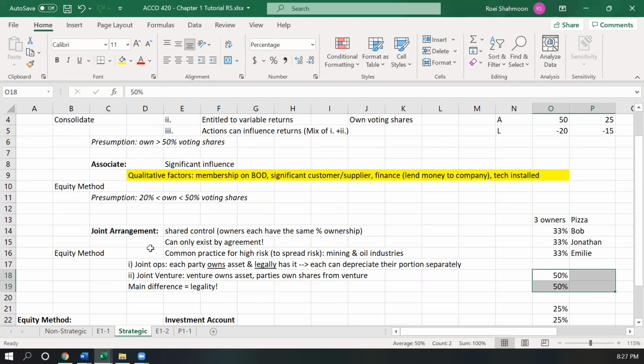Now, why would anybody do this? It's very common practice actually for high-risk industries, and this is to spread risk. So for example, mining, oil industries, anything that's high risk and that requires a lot of investment, which can lead to an unknown outcome, right?